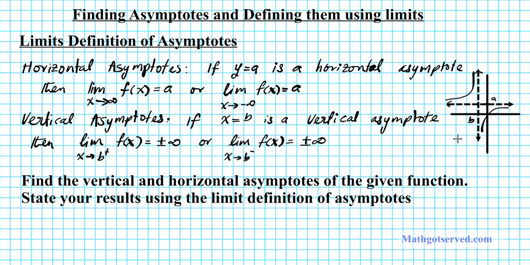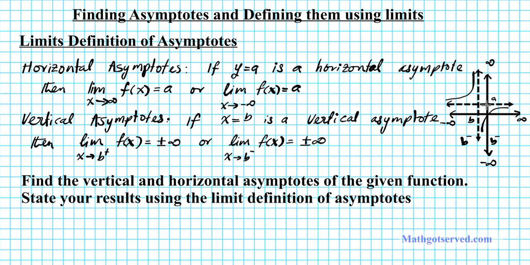This is approaching b from the left, and this is approaching b from the right. Way at the bottom of the y-axis is negative infinity, and way at the top of the y-axis is infinity. And then this is x going to infinity, and x going to negative infinity.